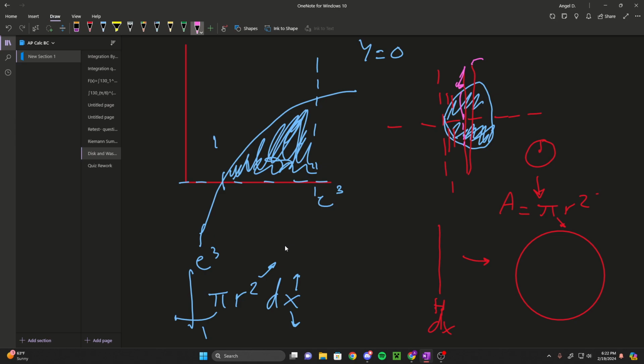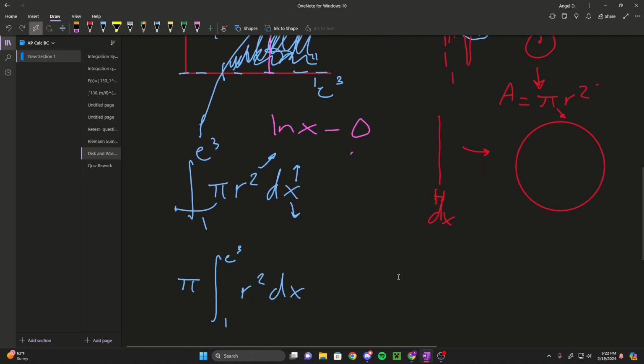Well, we take the curve. We just want from the curve down. We want that length. And to find that length, we just use the curve minus the axis of revolution. The axis of revolution in this case is 0, so it's just ln x.